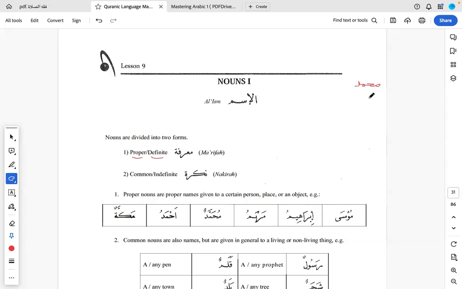Or if I say, for example, London, there is only one place that everybody knows. It is a specific city that is called London. So this is the concept of proper, that a noun is used to refer to a specific place or person or thing and so on.